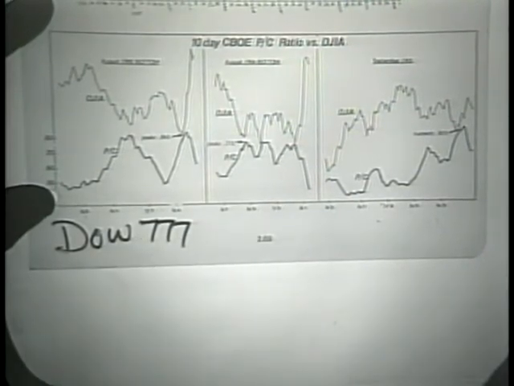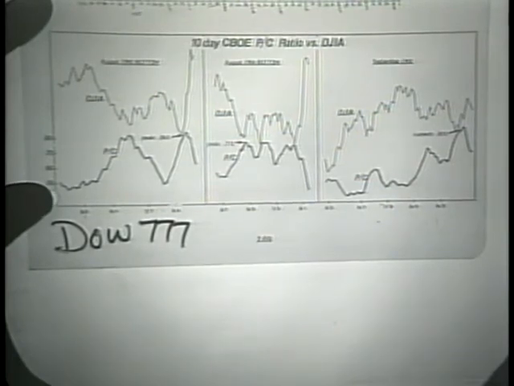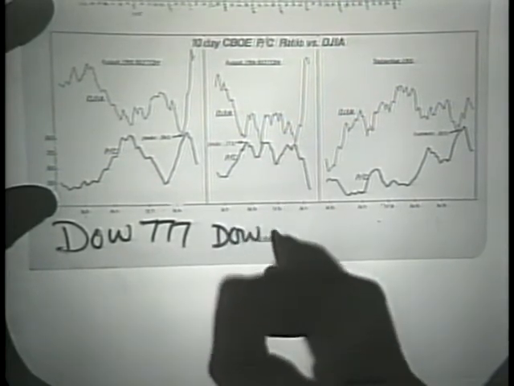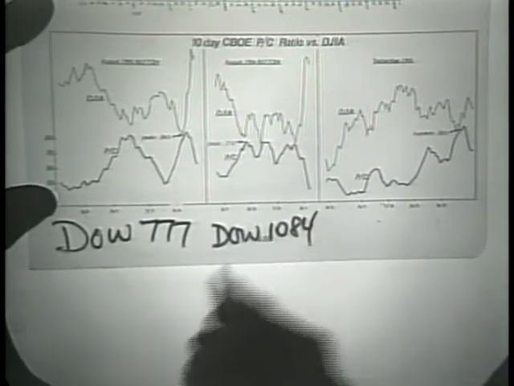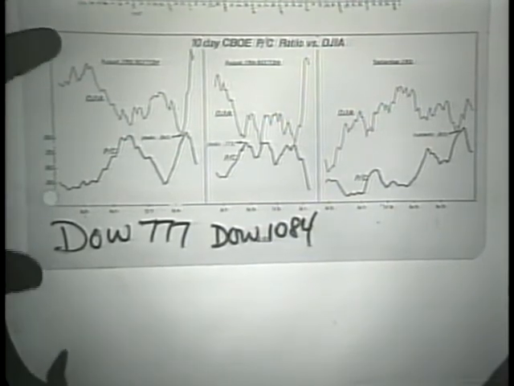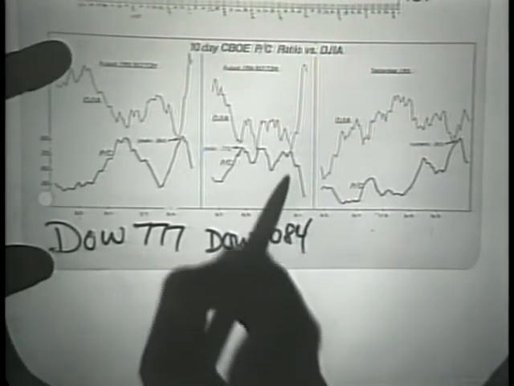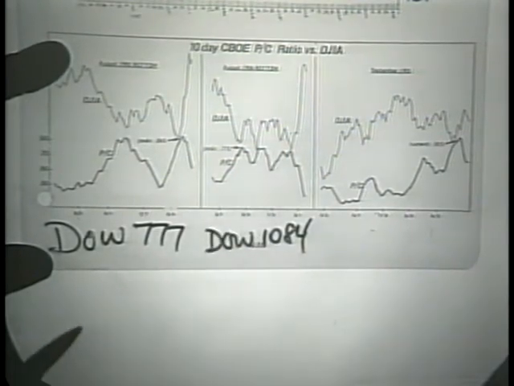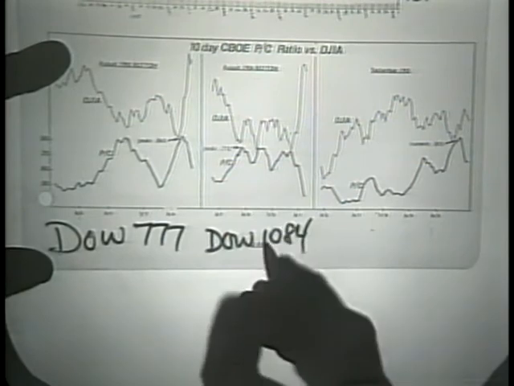Now, a couple years later, we made a bottom in August of 84, and the Dow bottomed at 1084, a little over 300 points higher. And yet the put-call ratio coming into this low on a 10-day basis was as high as 77%, which reflected a tremendous amount of animosity toward the market.